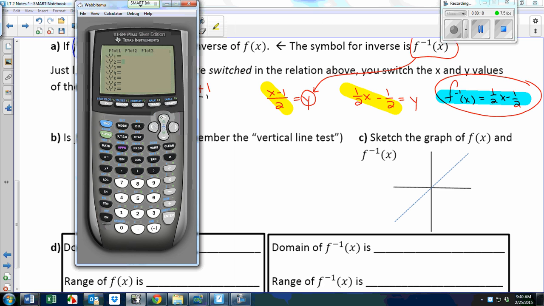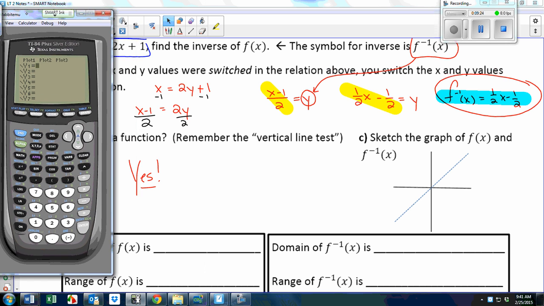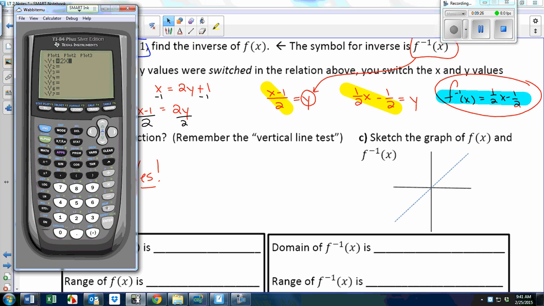First, in the y1, we'll graph the original. So the original function was 2x plus 1. In y2, we'll graph y equals x because I want to see that it's symmetrical, see that it folds nicely. And then in the third, we'll graph our inverse. And the inverse function was 1/2 x minus 1/2.